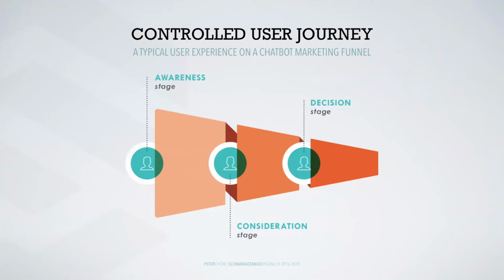The moment you choose A or B or C, it will branch out into another path. So basically, you're hand holding them along the way from start to finish, from awareness to consideration to decision to buying. Okay, so that's a controlled user journey, and that's what a chatbot marketing funnel is able to do.